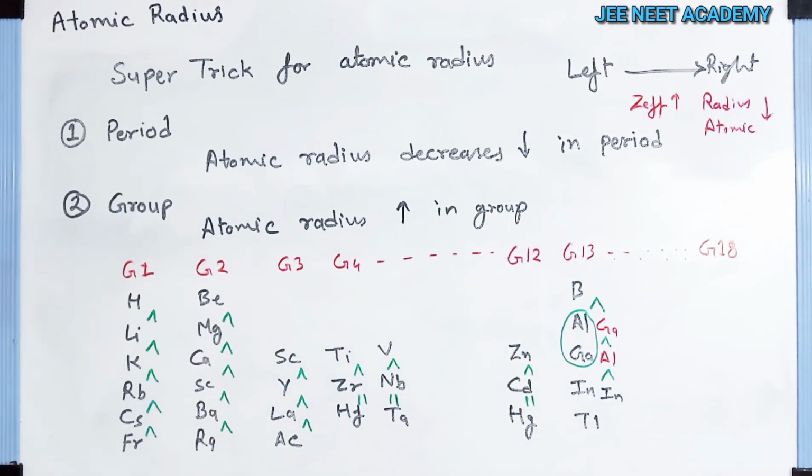Because of lanthanide contraction, thallium will be almost greater than or equal to, sometimes you can say equal, it's not increasing as it was before.